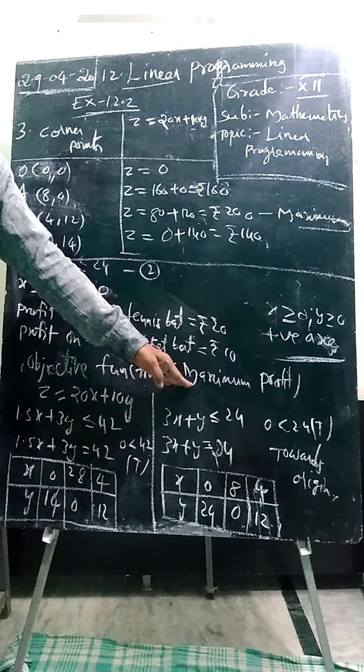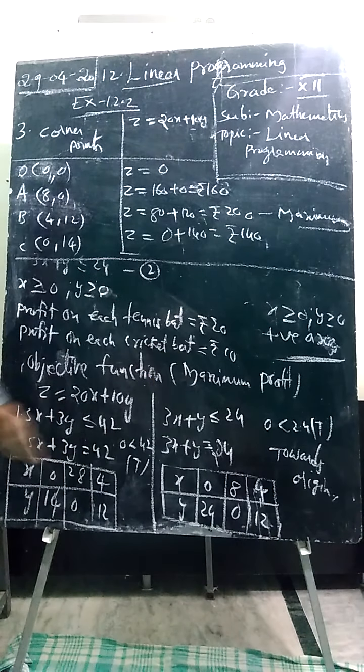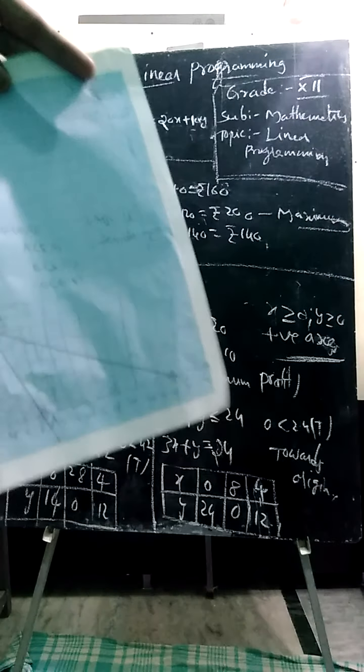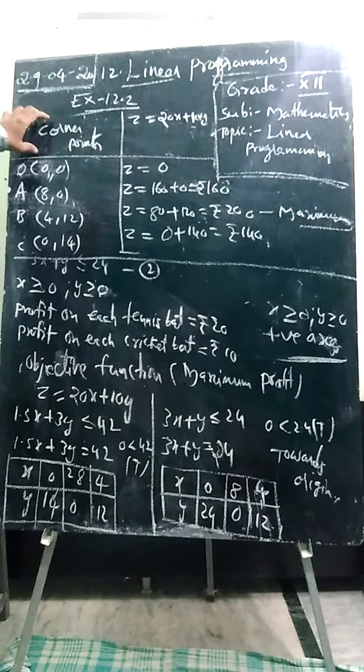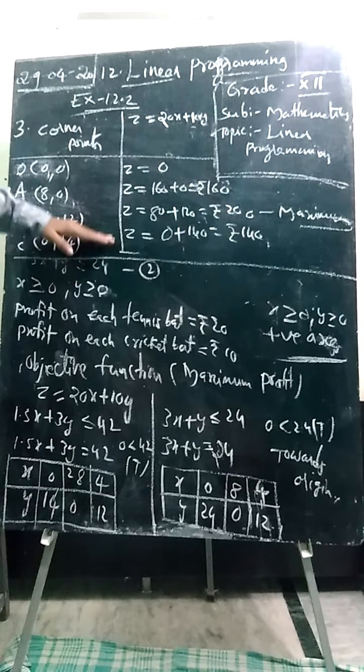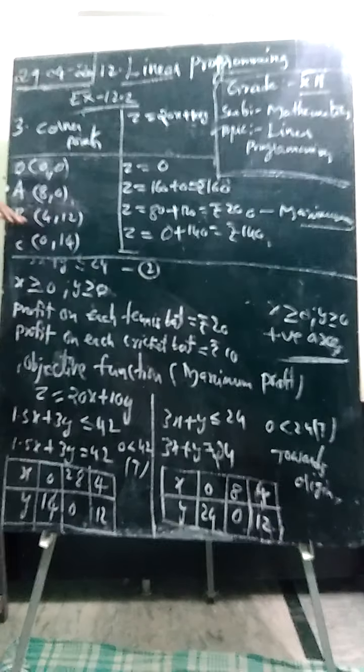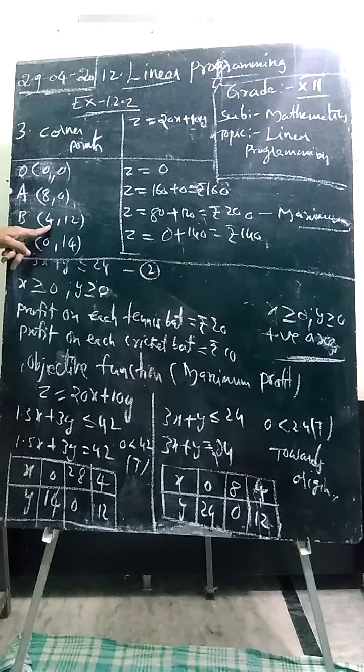Here, minimum cost to maximum profit. So we plot on graph, we get feasible points O, A, B, C, and they are nothing but corner points. Z objective function, where we will get maximum value, that is maximum profit. Maximum profit will come when the industry produces 4 tennis rackets and 12 cricket bats.